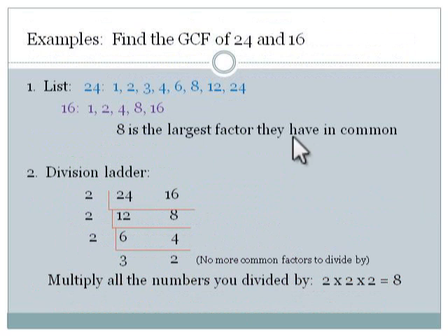All right, if we were wanting to find the GCF of 24 and 16, the first way is that we could list them. The factors of 24 are 1 and 24, 2 and 12, 3 and 8, and 4 and 6.